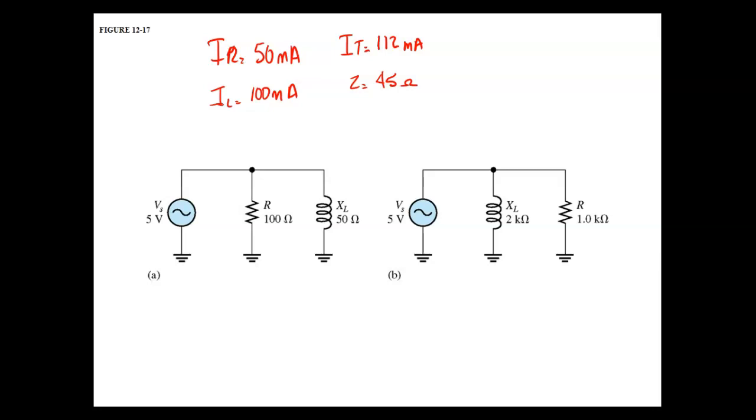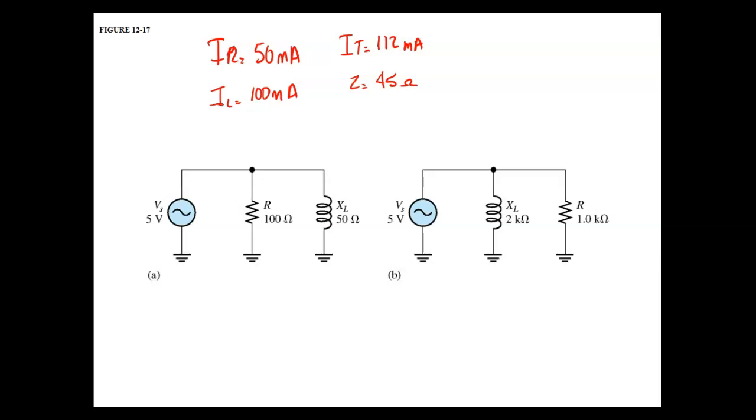And inductors are just like resistors. But once you get these things into ohms, guys, almost everything you learned in DC applies. It's just that anytime you add reactive and resistive, you have to use what? Pythagorean's theorem.